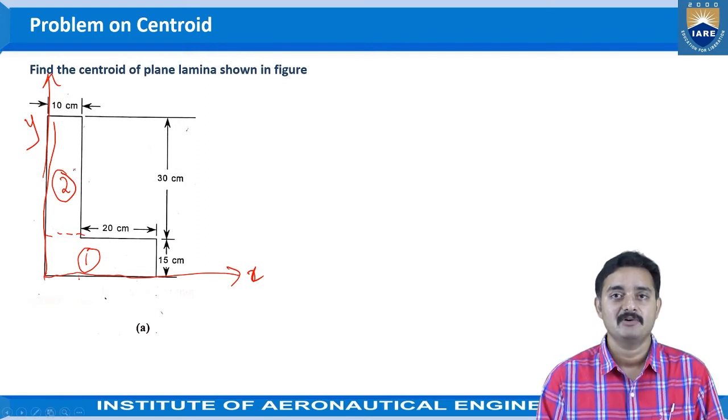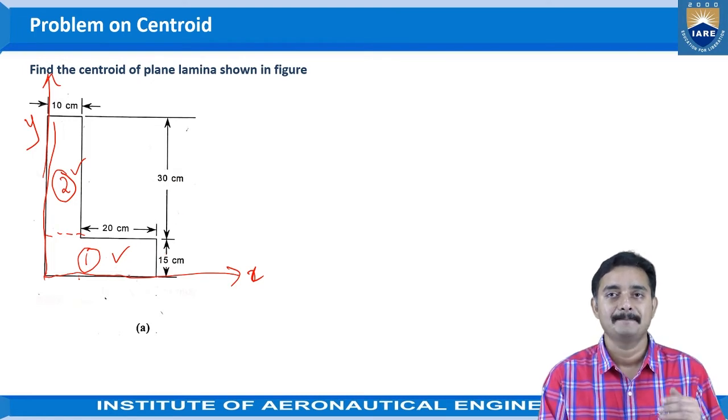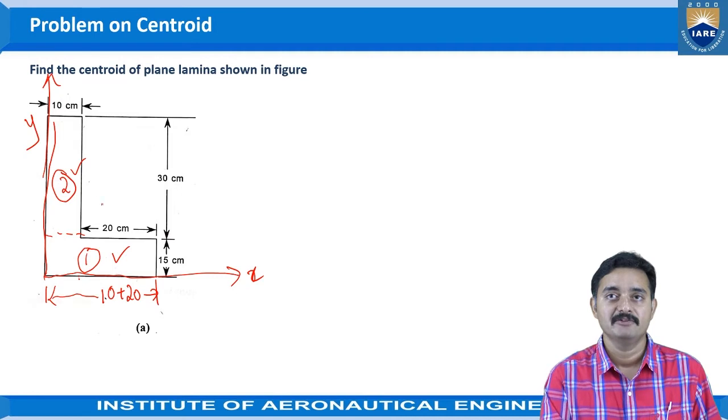After dividing into regular shapes, we can calculate the values of the centroid for the first rectangle and then the second rectangle. So how can we obtain the centroid of this first rectangle? The size of the rectangle should be identified first. The total length of this rectangle can be obtained as 10 plus 20 centimeters, isn't it? Where 10 is the size of this part and 20 is the size of this part.